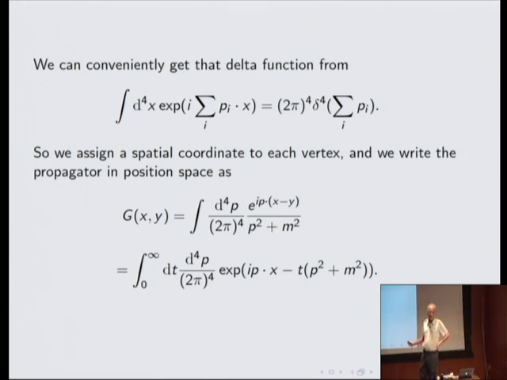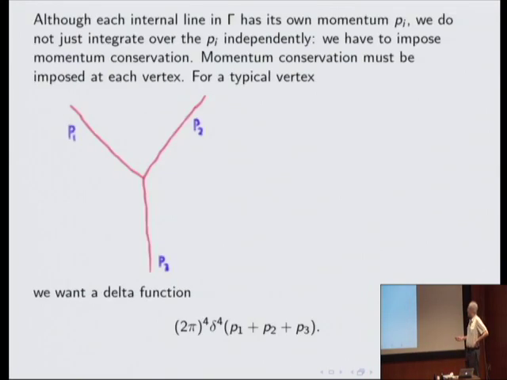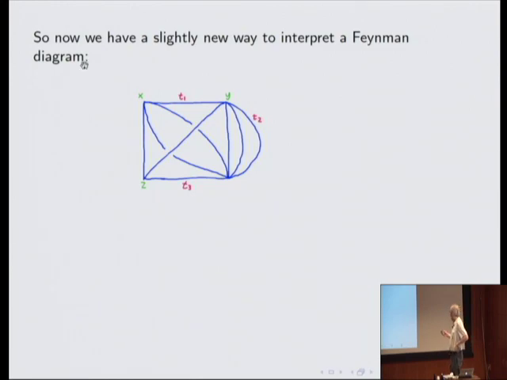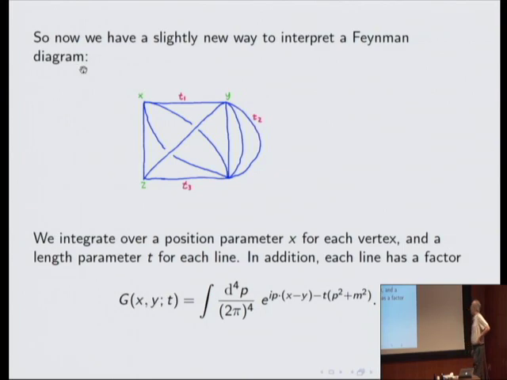So that's the position space propagator. We want to write all our propagators in position space, and then we integrate over the positions at the vertices. So we have a slightly new way to interpret a Feynman diagram. We integrate over a position parameter for each vertex and a length parameter for each line, and each line also has a factor, which is the position space propagator.